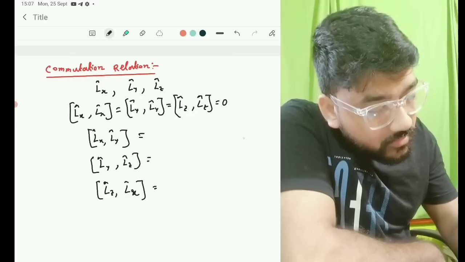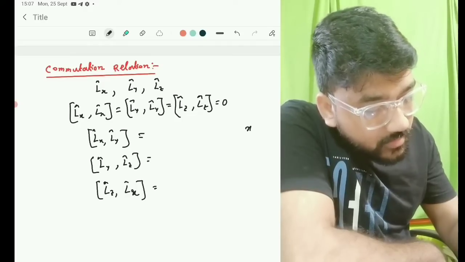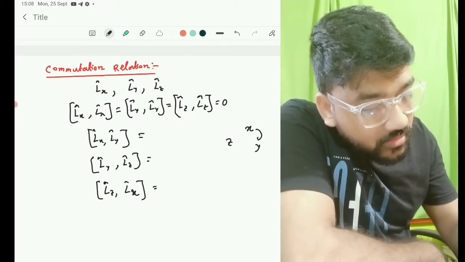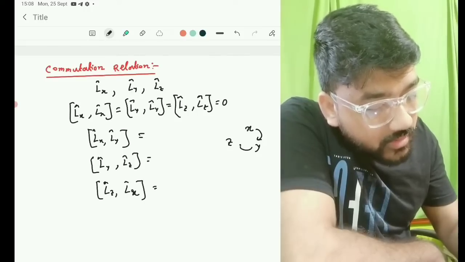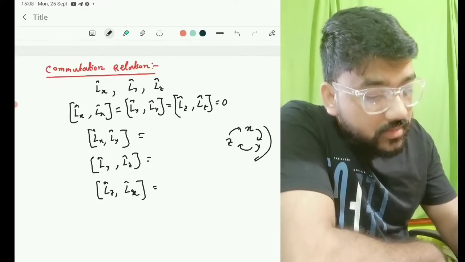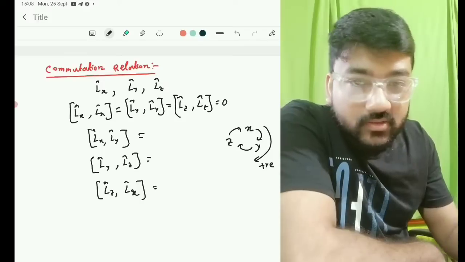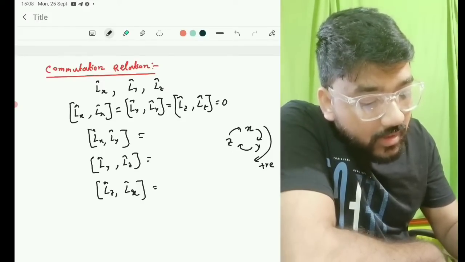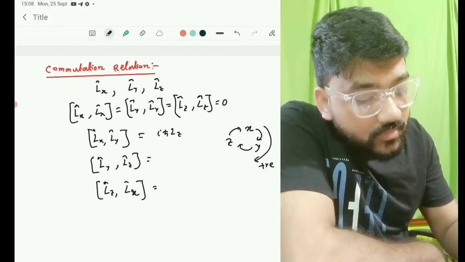First you have to see x, y and z. x to y will give you z, y to z will give you x, and z to x will give you y, and this direction is the positive direction, so the reverse direction will be negative. So x to y will give you z, and that will be i h cross Lz.